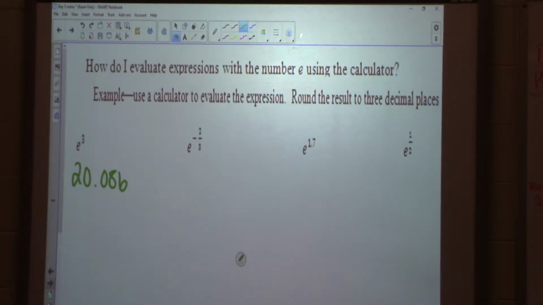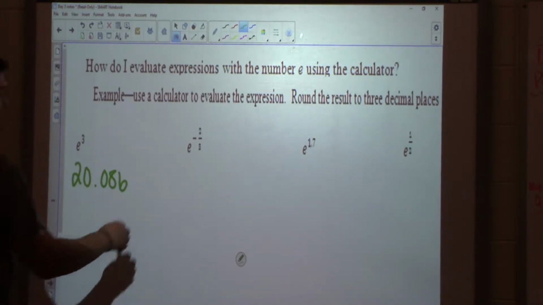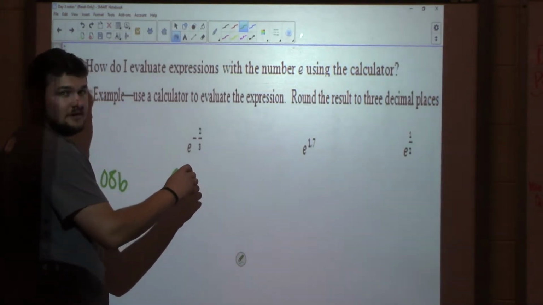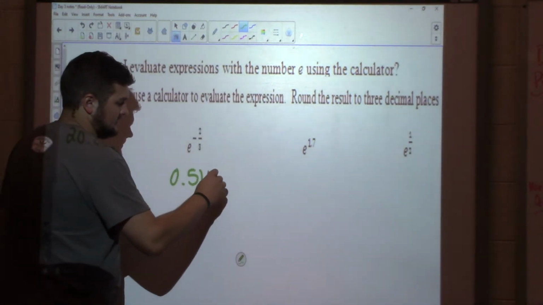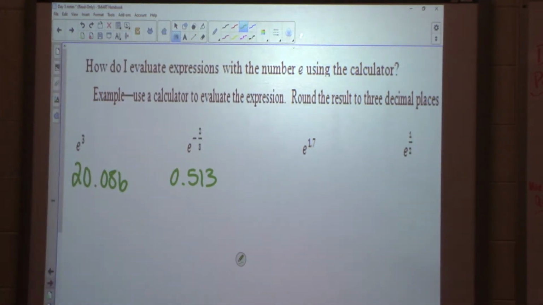Lexi, did you do e to the negative 2/3? What did you get? Did everybody else get that? Yes. Sweet. 513, right? Round to 3 decimal places. Who else could put that? Aiden, did you do e to the 1.7 power?